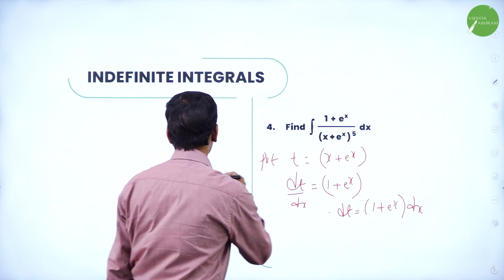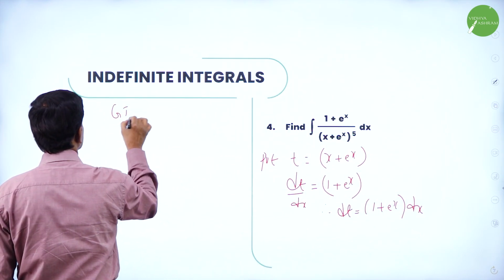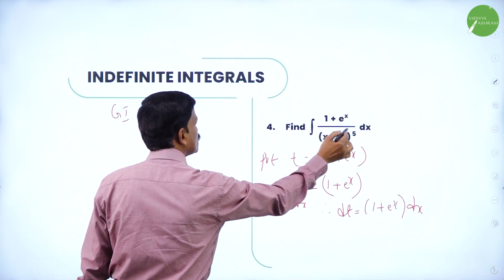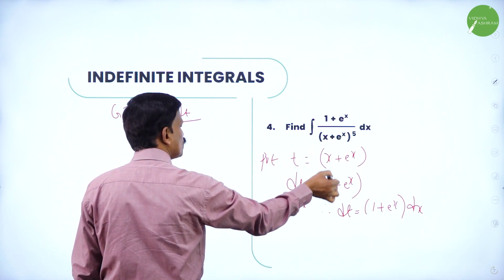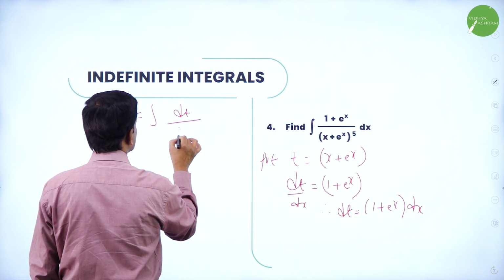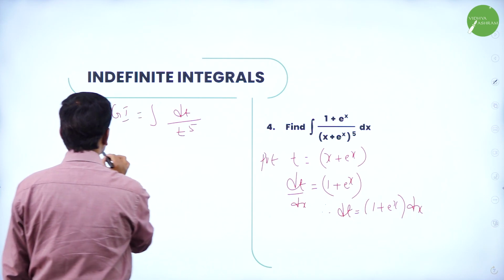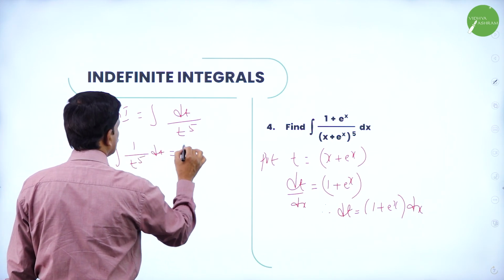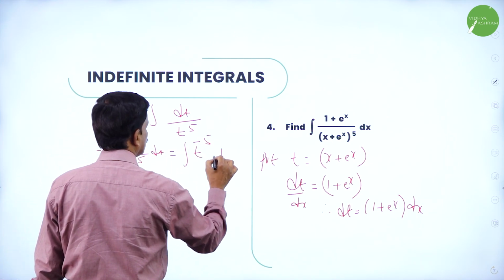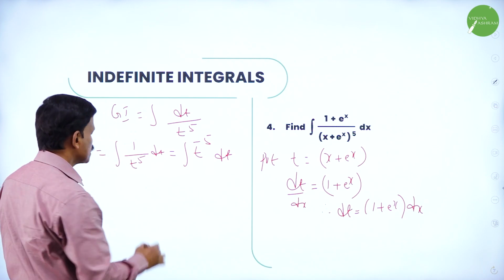So the given integral, 1 plus e power x dx is nothing but dt, divided by x plus e power x, which is t to the power of 5. So this is 1 over t raised to 5 dt. This can be taken to the numerator and it becomes t raised to minus 5.